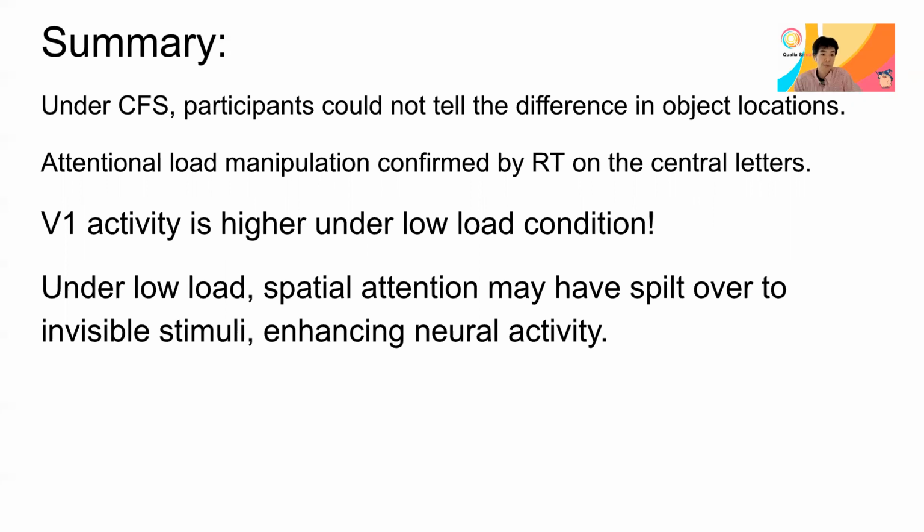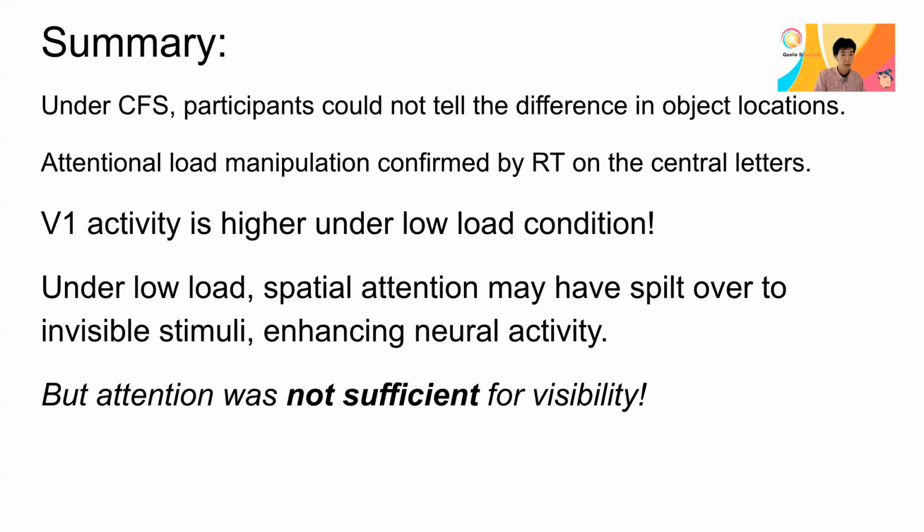So that means the spatial attention may have spilled over to the periphery and interacted with the invisible stimuli, enhancing the neural activity within V1. Okay, but this spilled over attention was not sufficient to make things visible. It enhanced the processing, but it didn't become strong enough to sufficiently break the suppression, in a sense.